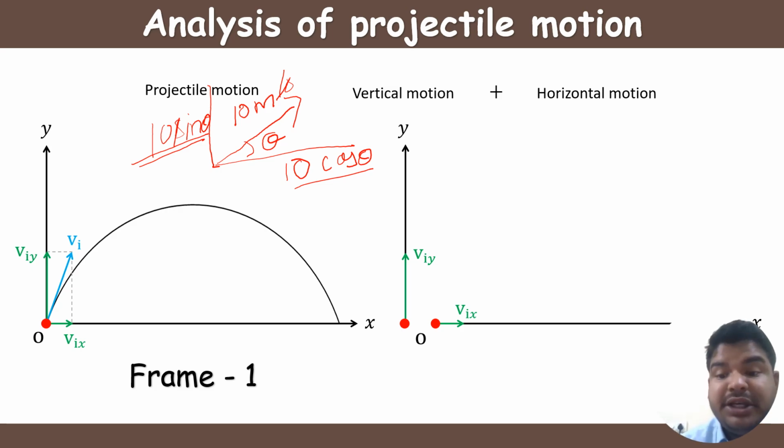Now you can easily get the position of the football at any time. If you want to get the distance traveled by this football, what its coordinates are, you can get x comma y coordinates also.